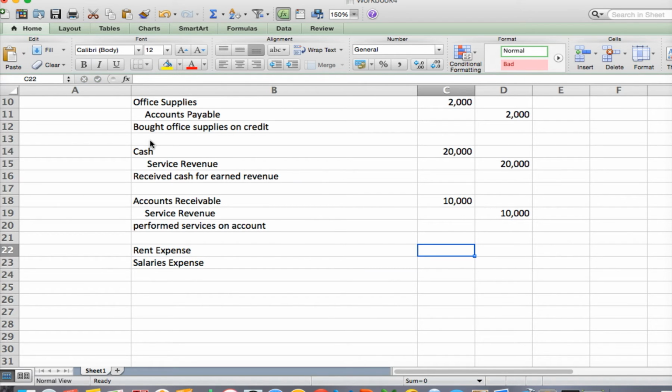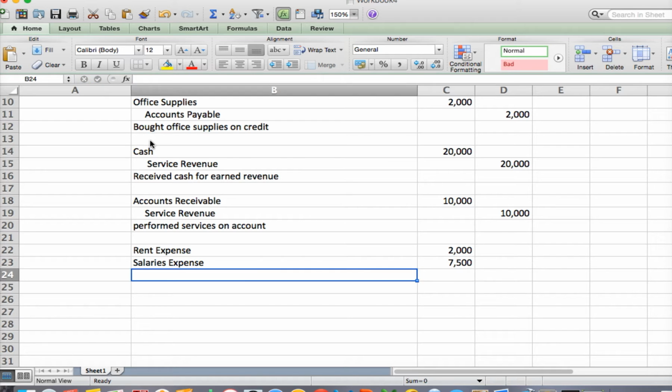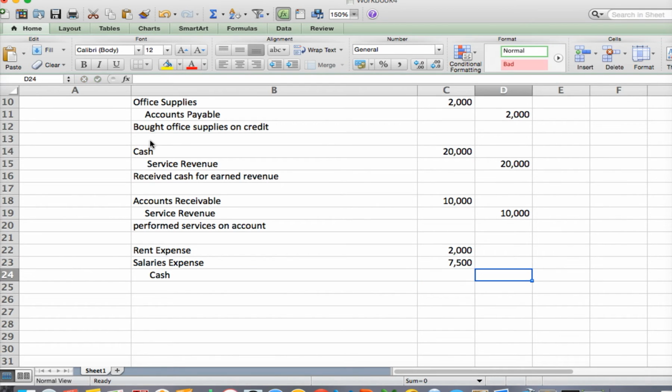And the rent was $2,000 and the salaries were $7,500. So now I have two debit entries, and since I'm paying with cash, the credit entry is just going to be to my cash account for the total of those two put together. And I show that cash goes down by that amount, and I've recorded the expense of rent and salaries expense.